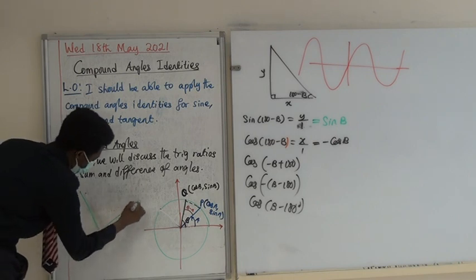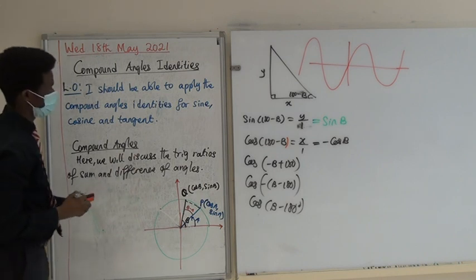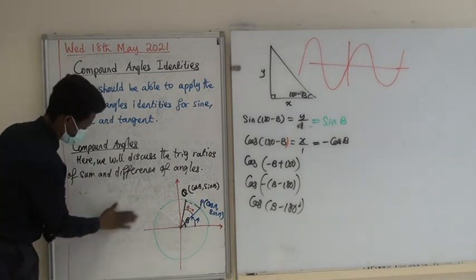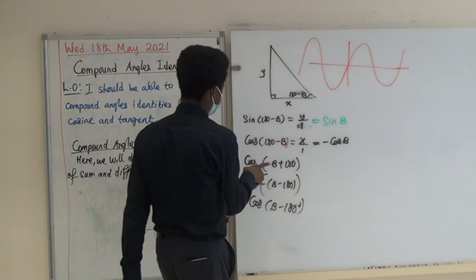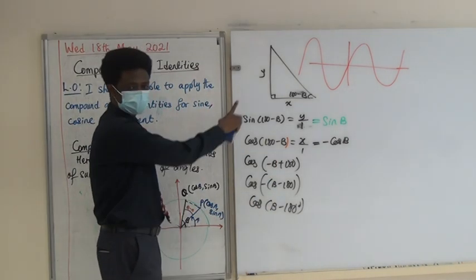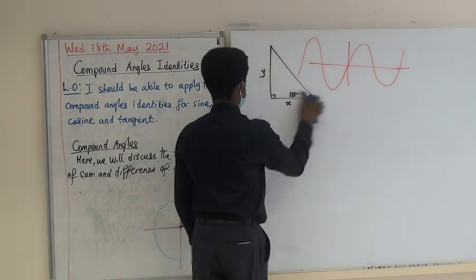So this is my P. Let me draw that in a different way. I'm just trying to make it fast. So no need to look at obtuse because this idea might be confusing. Let's just stick to the acute in the picture.